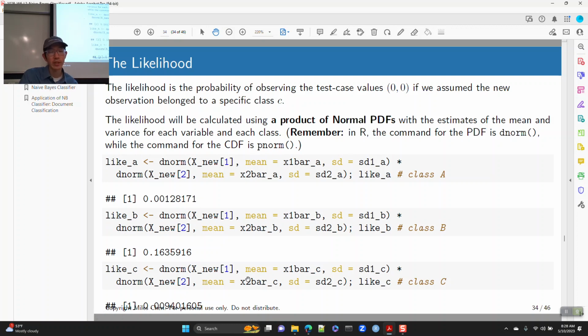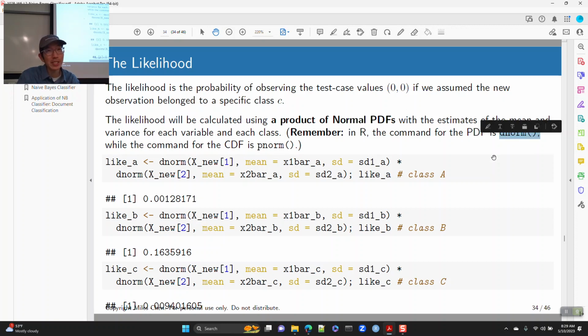So it's the product of univariate normal densities. In your homework 4, the next homework, you will have to write a function that does a naive Bayes classifier for the IRIS data set, I think. Just be careful.